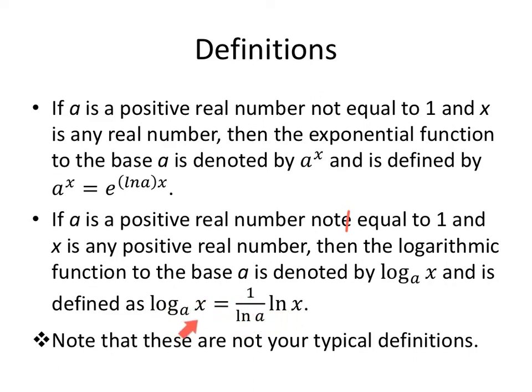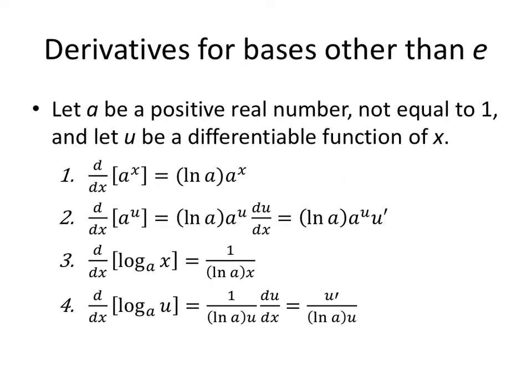We've seen this in the change of base formula. We don't necessarily see it written in this way, but it is a division, right? Log base a of x can be written as natural log of x over the natural log of a. Take that quotient apart, turn it into a product, and there we go. Not your typical definitions, but with these definitions, it makes the derivatives and integrals fairly straightforward.